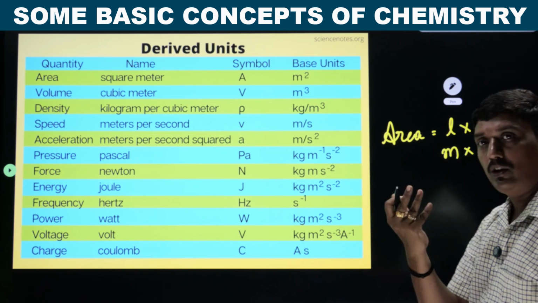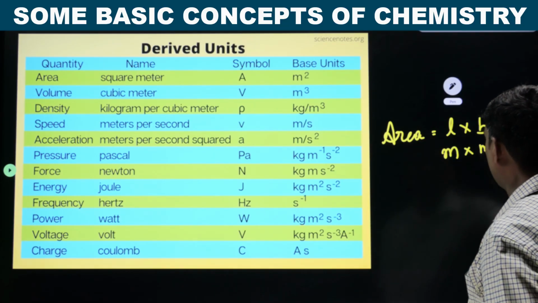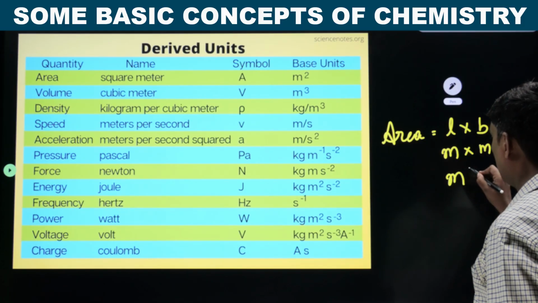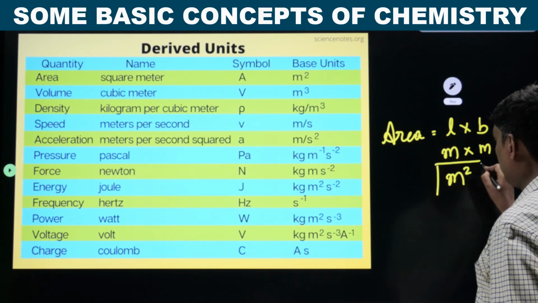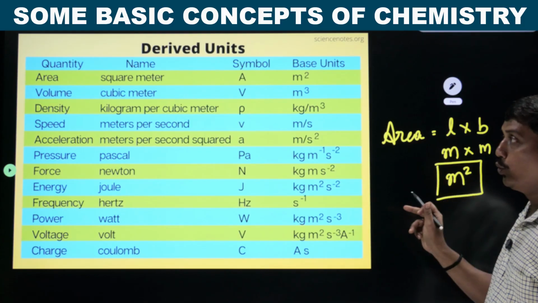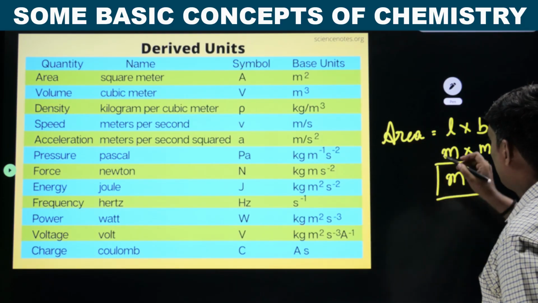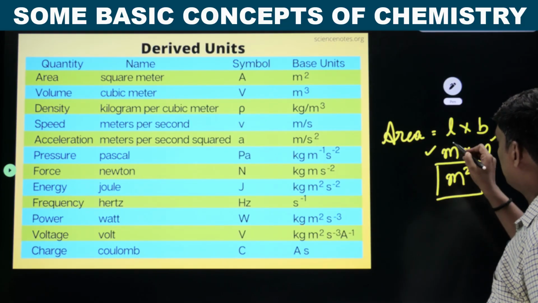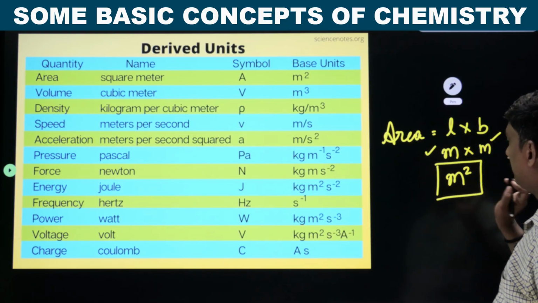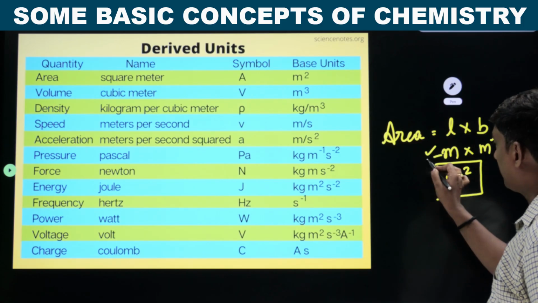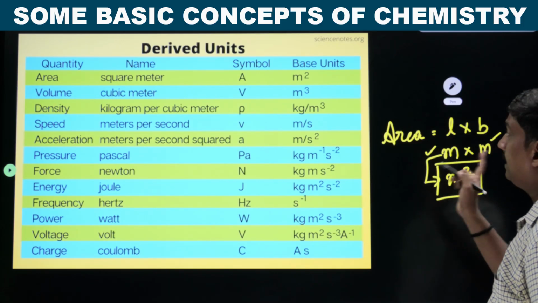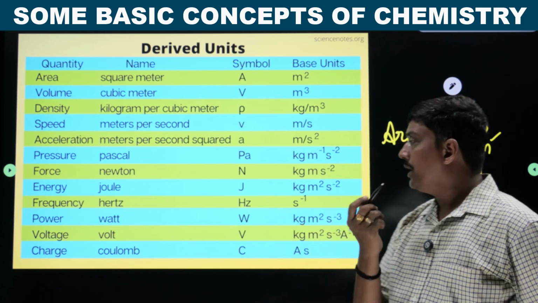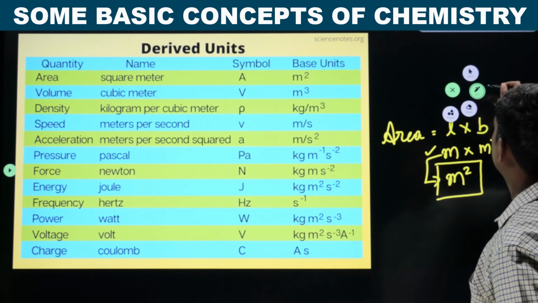Then breadth is also a measurement, written in meter. Meter into meter is meter square. This meter square is a unit for area which consists of the fundamental unit, meter only. It is derived from fundamental units, hence it is called a derived unit. Take one more example.